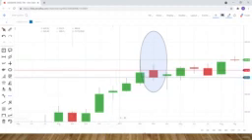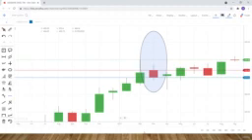Okay, I have drawn two lines. One line is at the upper end of the body, and that is the red line, and the blue line is at the lower end of the body. Having said that it's a red candle, where would the opening price be? Would it be at the red line or would it be at the blue line? Those who said that it would be at the red line, kudos to you. For a red candle, the opening price would be at the upper end of the body and the closing price would be at the lower end of the body.